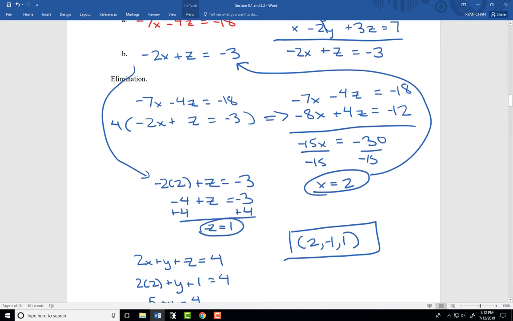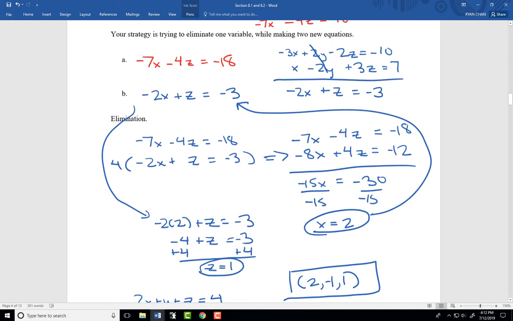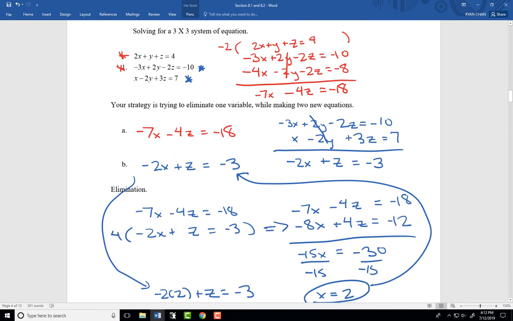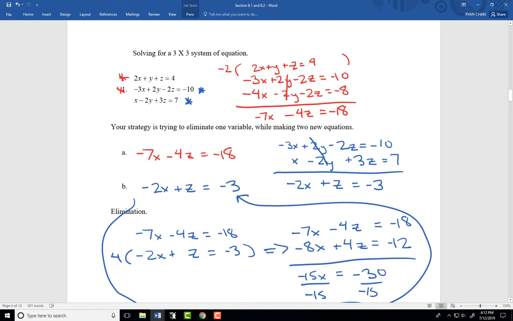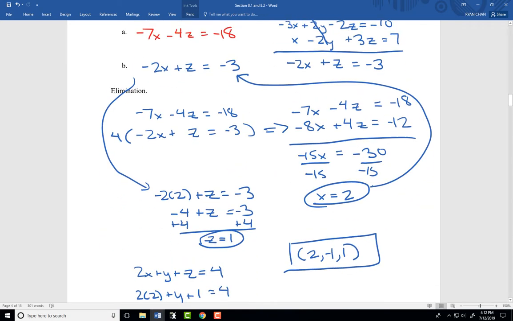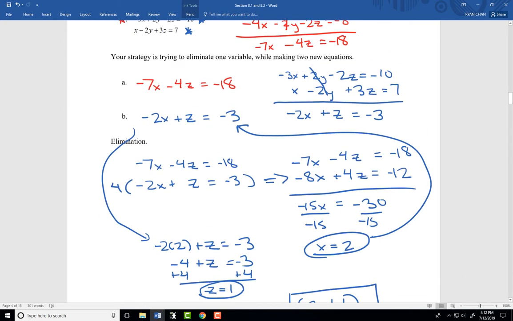And so we can double check, right? Because if I plug in 2, negative 1, 1, let's see if it works. So top one works. Negative 3 times 2 is negative 6. And then 2 times negative 1 is negative 2.